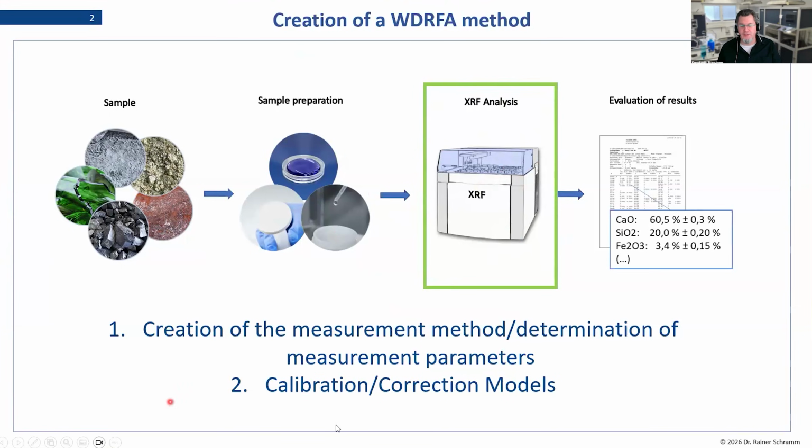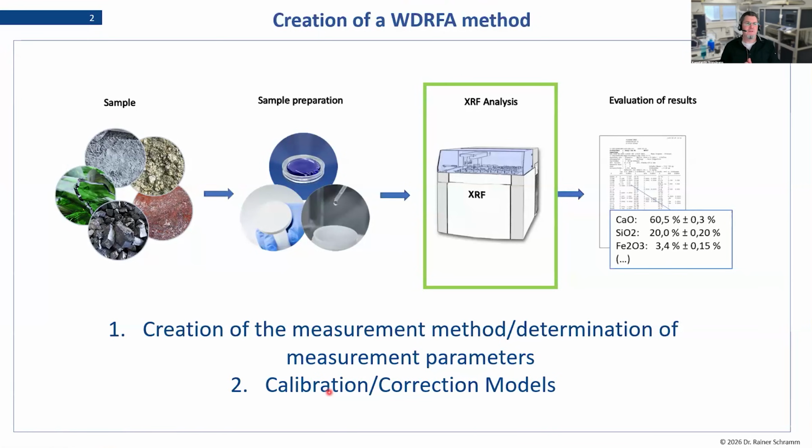And then the second part will talk about calibrations, meaning how do we get the signal into a concentration result, for example, and what possible corrections can we apply there if they are necessary for our analytical accuracy.